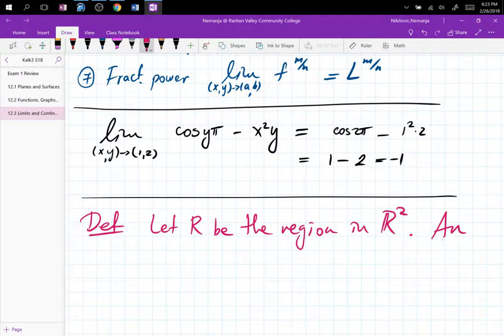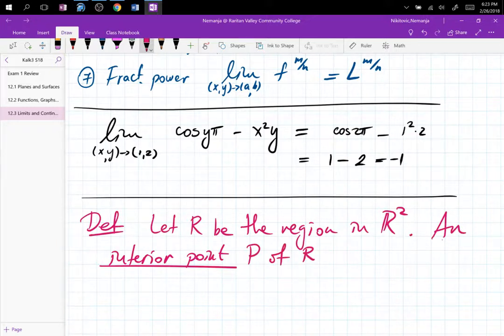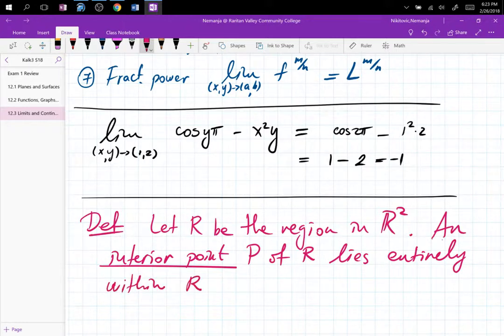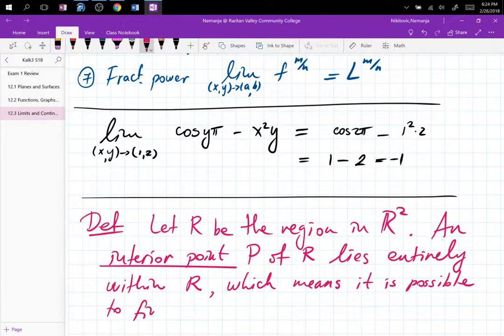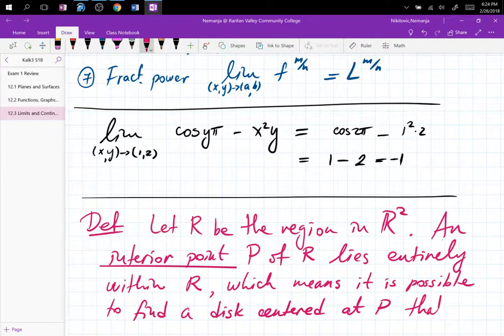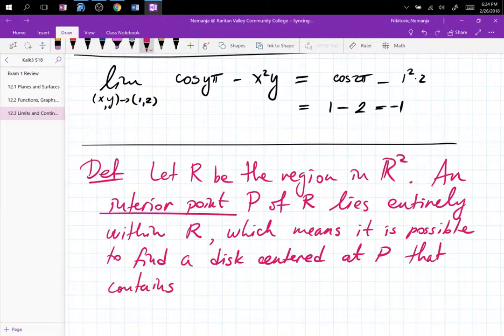So an interior point P of R lies entirely within R, which means it is possible to find a disk centered at P that contains only points of R.